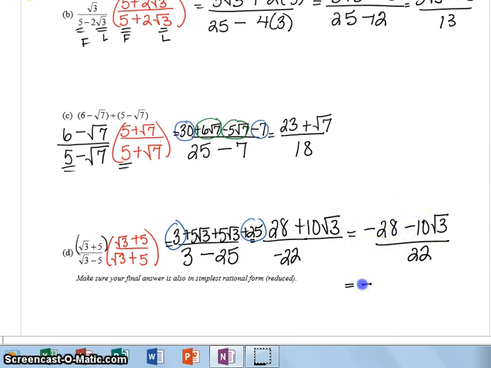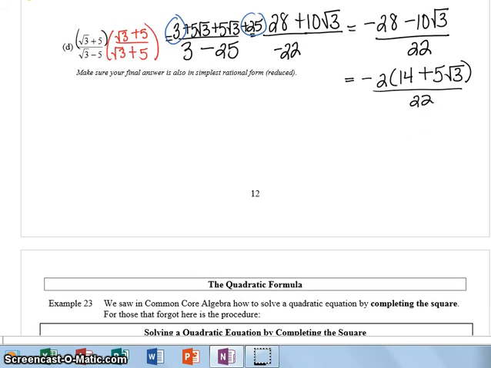So I could take out a negative 2, I'm going to get 14 plus 5 radical 3. And again, just dividing it by 2 all over 22. And you're going to see that this and this cancel. So I have a negative on the outside, and I have 14 plus 5 radical 3 all over 11. And that's my final answer.